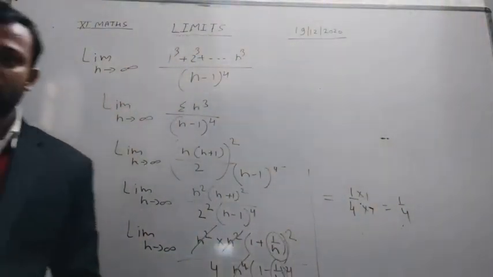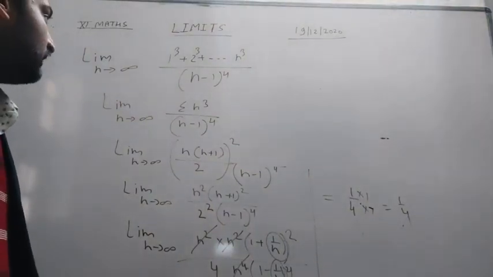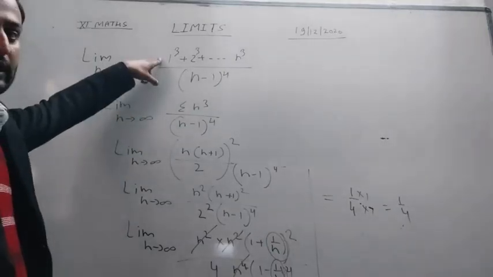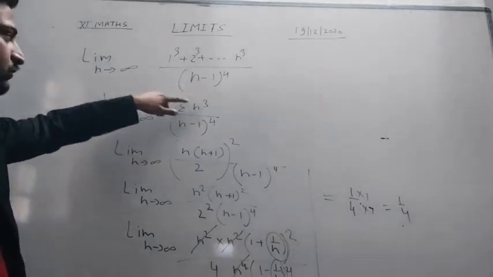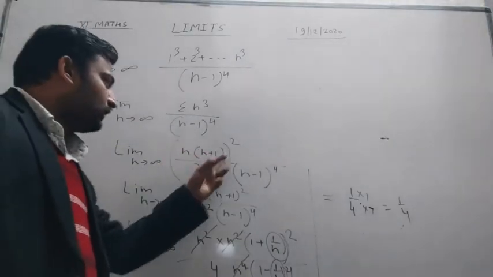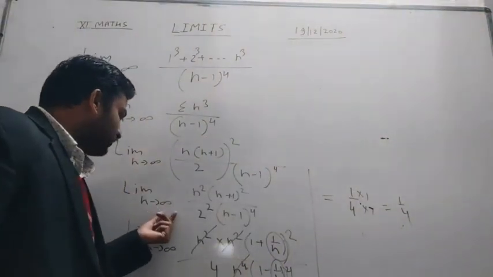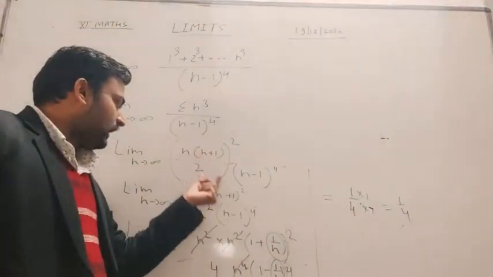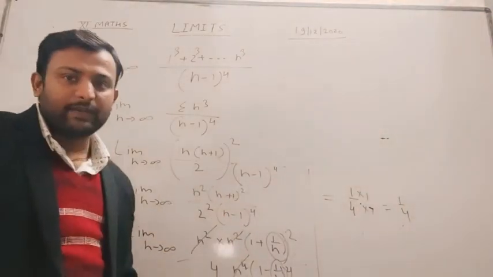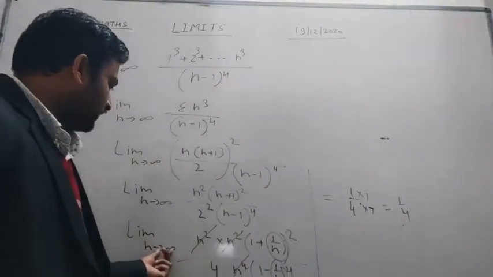I hope you understand, students. We are just putting the value of the limit here and getting the result. And this is our summation n cube, and summation n cube is n into n plus 1 by 2 whole square, and this is our denominator. Now the limit as n tends to infinity of n square times n plus 1 whole square by 2 square, and this term is the same.